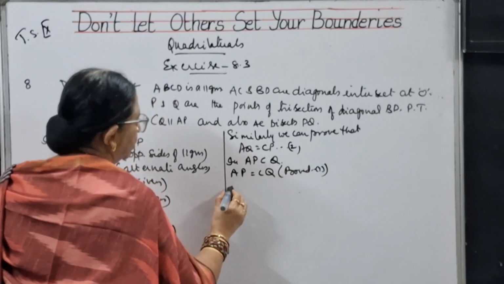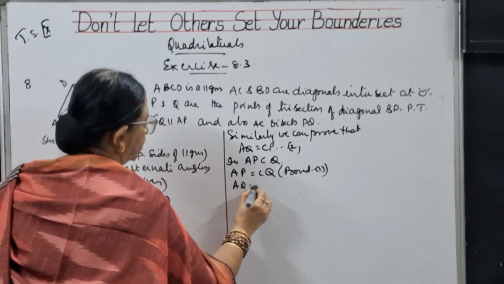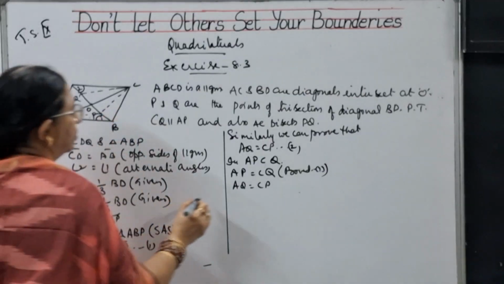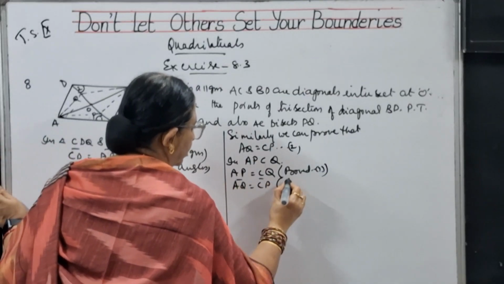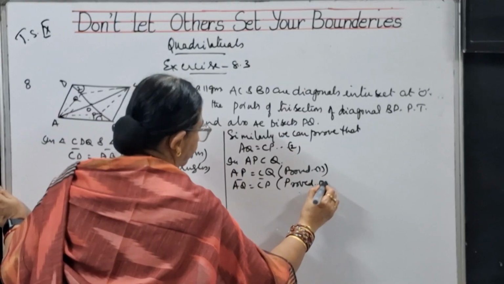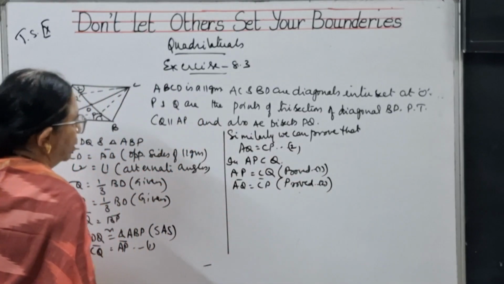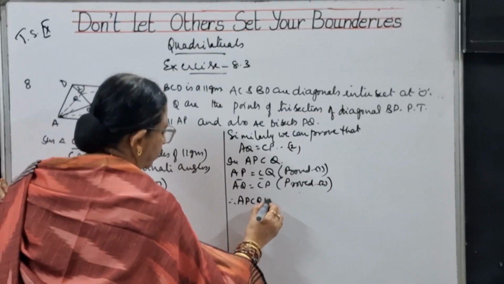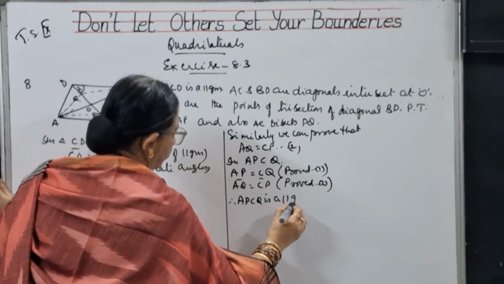And AQ is equal to CP. This we have also proved, just like the first one, the second statement. Therefore, APCQ is a parallelogram.